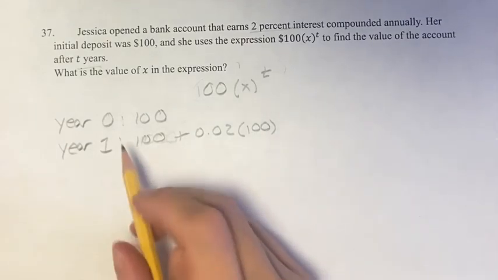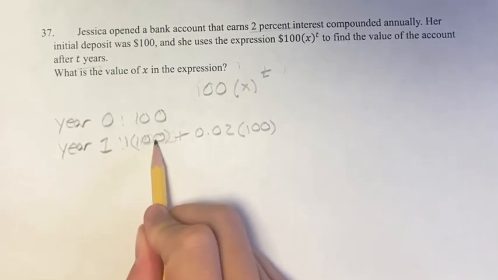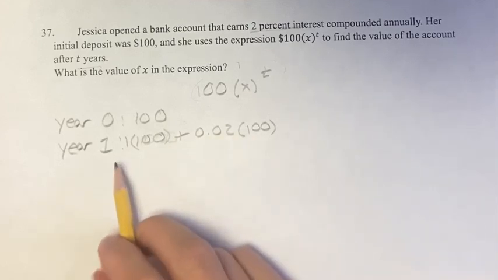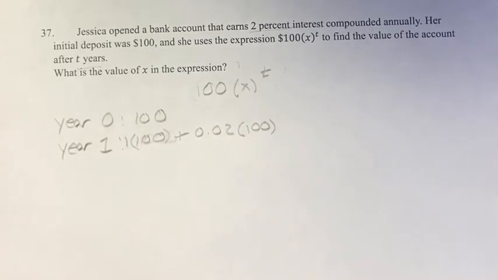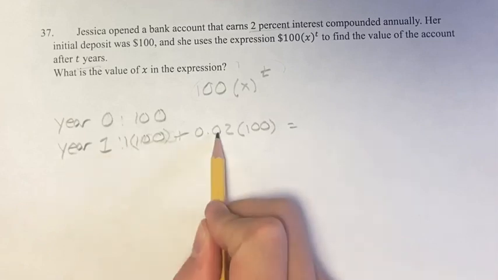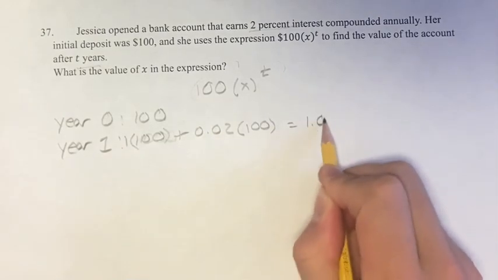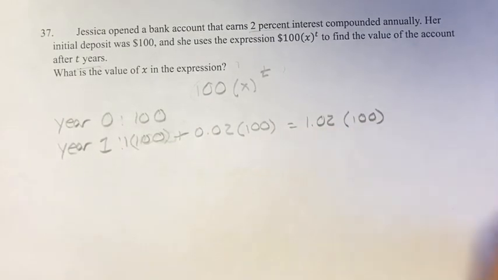Since this is 1 times 100 plus 0.02 times 100, we can factor by grouping. So we have 1 plus 0.02 is 1.02 times 100.